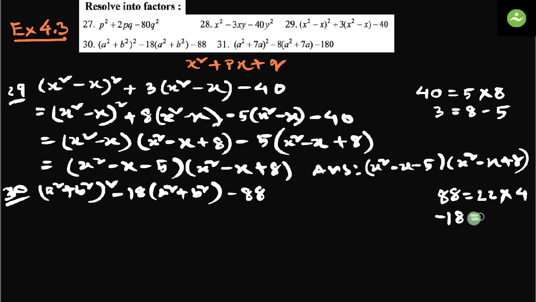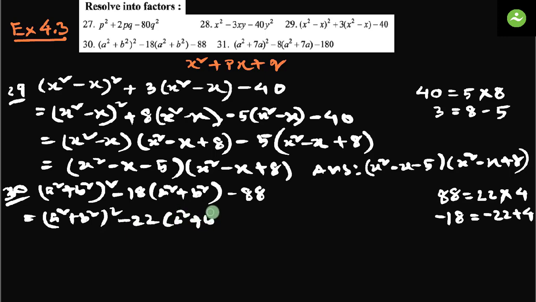And here it should be minus 22 plus 4, equals a square plus b square whole square minus 22 into a square plus b square, plus 4 into a square plus b square, minus 88.